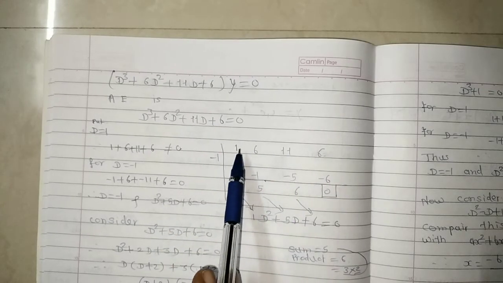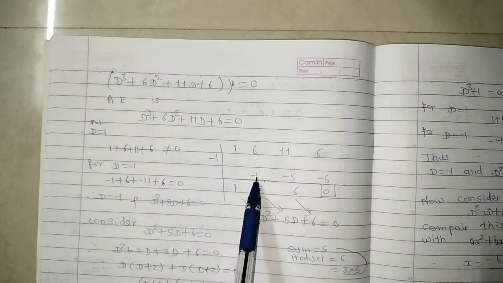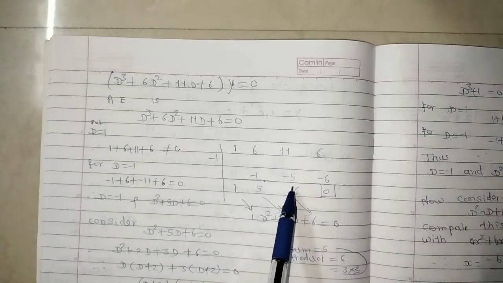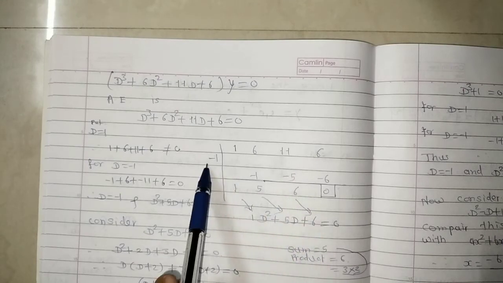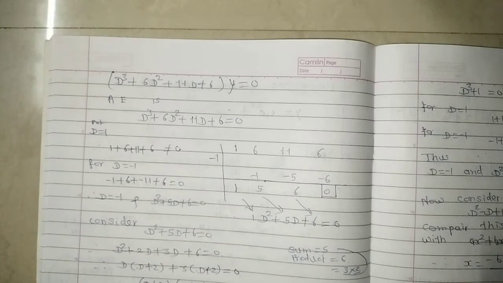Then we take the first term as it is. 1 into -1 is -1, 6 - 1 is 5, 5 into -1 is -5, 11 - 5 is 6, 6 into -1 is -6. Here the addition is 0.